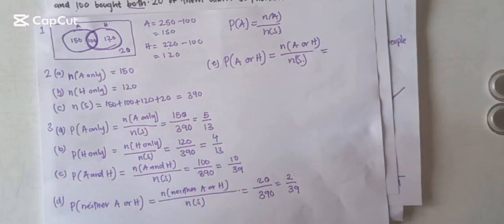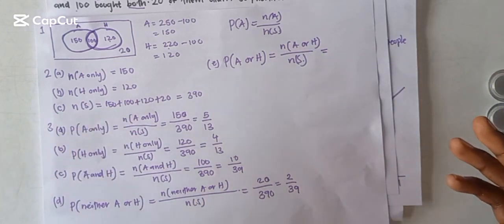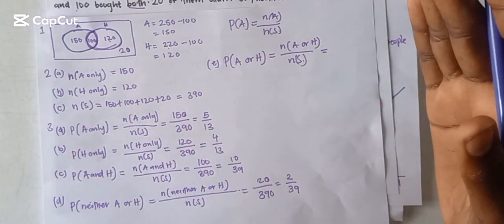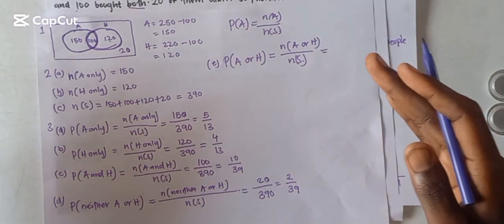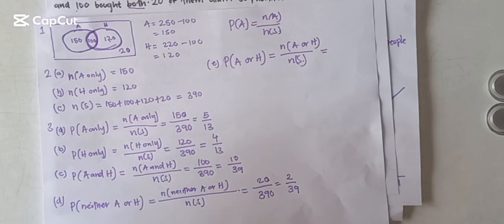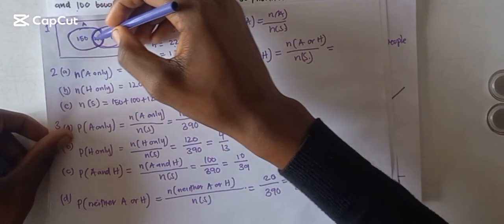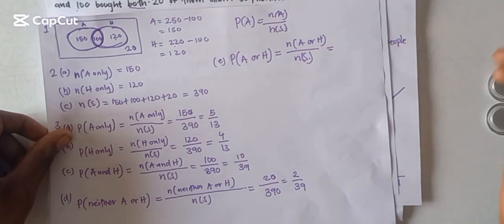So how do we find the total number of A or H? A or H means those people who bought amapiano only, and also hip hop only, and also those who bought both, which means we add all these totals here to find that total number.